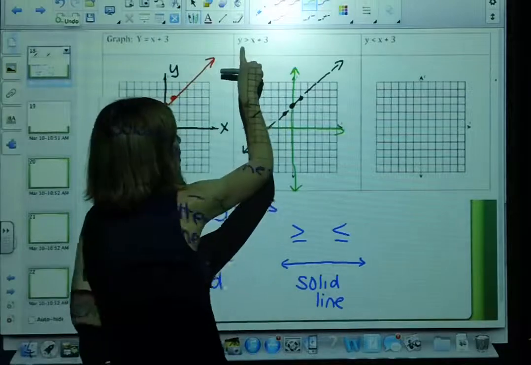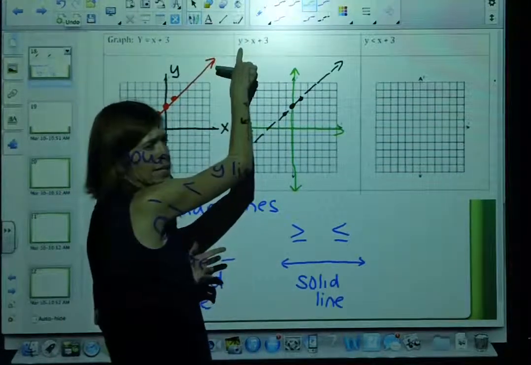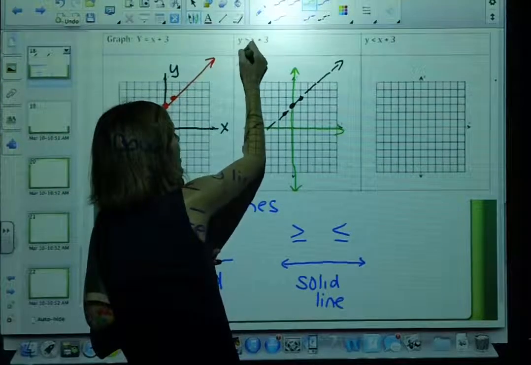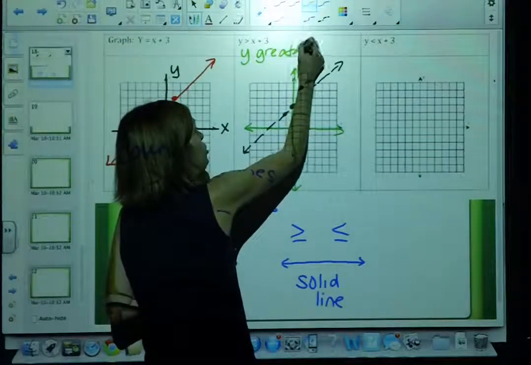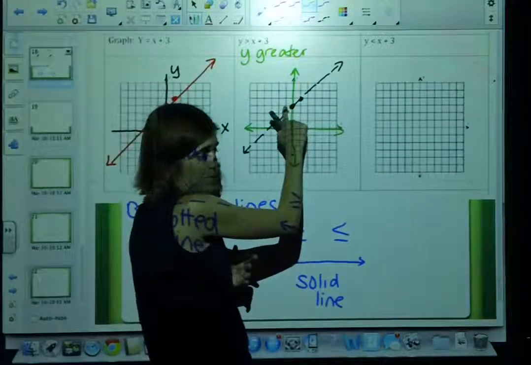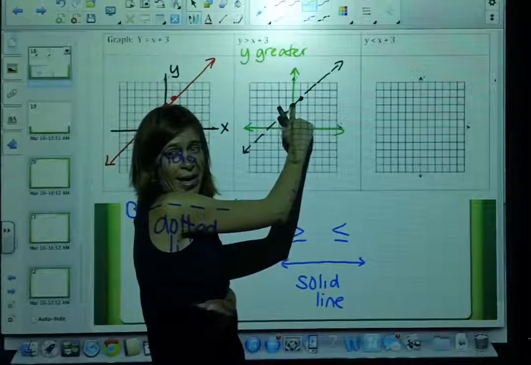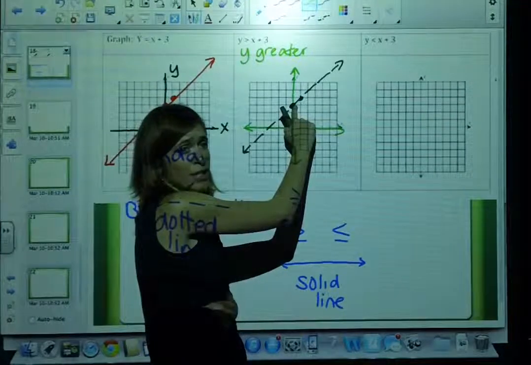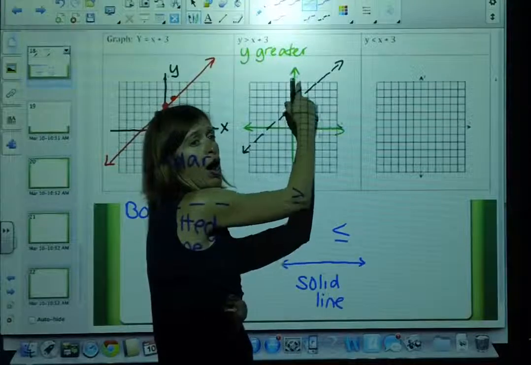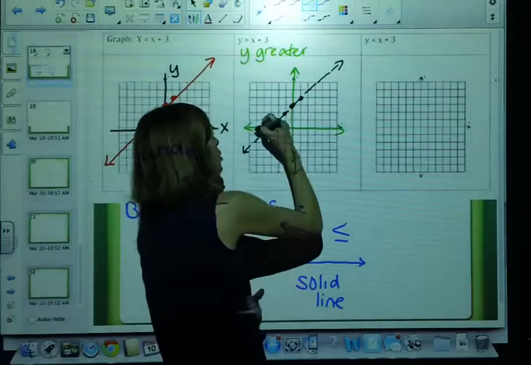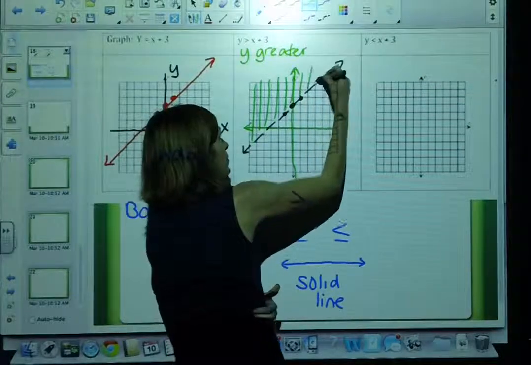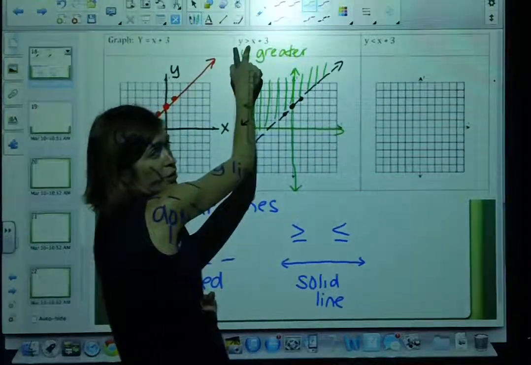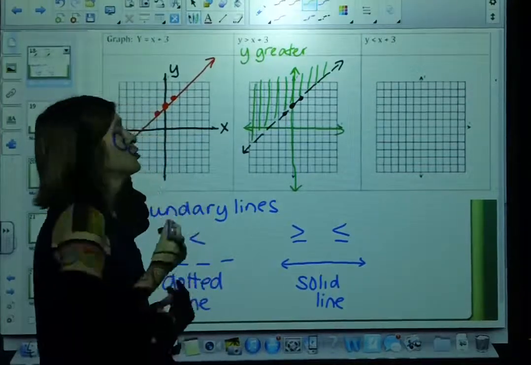I look at the inequality, and this says y is greater than. Do you see that? Y is greater. So I look at the y-axis and the y-intercept. Y is greater would be above that line. So I would shade above the line. Does it say y is greater? It does. Okay? So I would shade above the line.